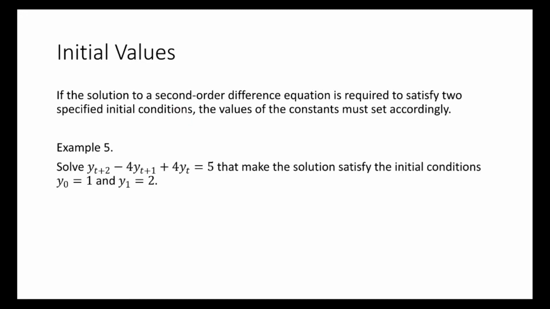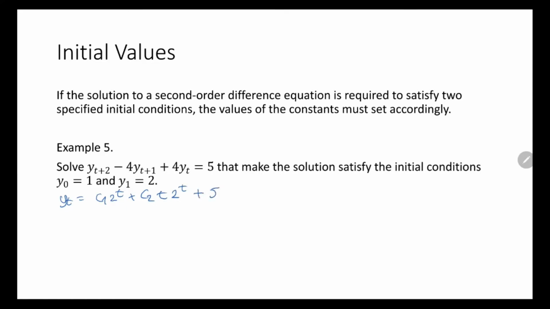For instance, this is again the same equation as before, but now we have initial conditions of 1 and 2. Remember the solution before is c1 2 to the power of t plus c2 t 2 to the power of t plus 5.